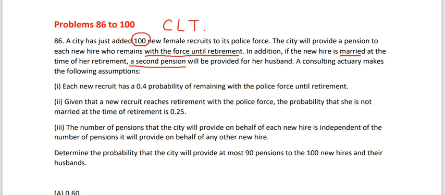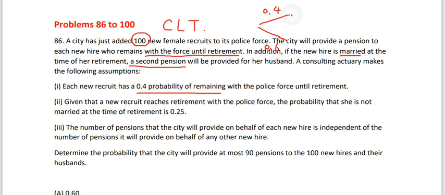If they drop out, no pension. So for each one we have two cases: 0.4 remain and 0.6 drop.